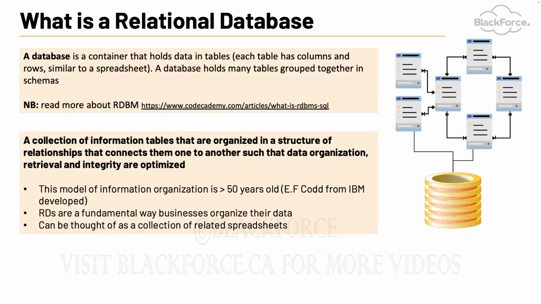A relational database is just a container that holds data in tables. I've been working a lot with spreadsheets, and we've talked a bit about the structure of tables. The only difference here is that a relational database is a combination of multiple different tables that are connected in a logical fashion.